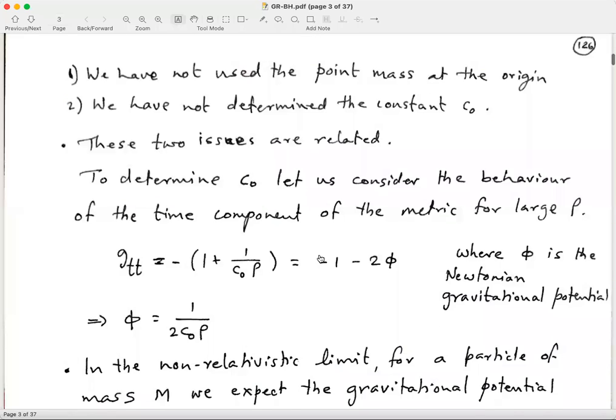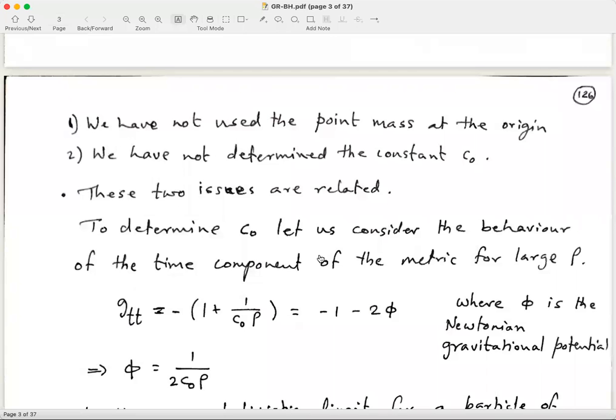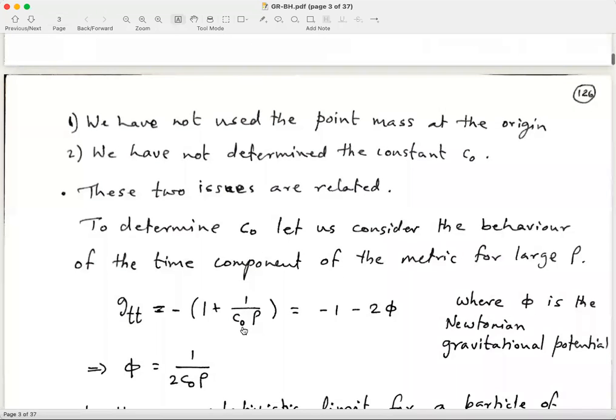Nevertheless, we need to determine C naught, and what we did was we took a non-relativistic limit of the problem, and we decided to use that to determine C naught exactly the way we did for, say, electrostatic problem.